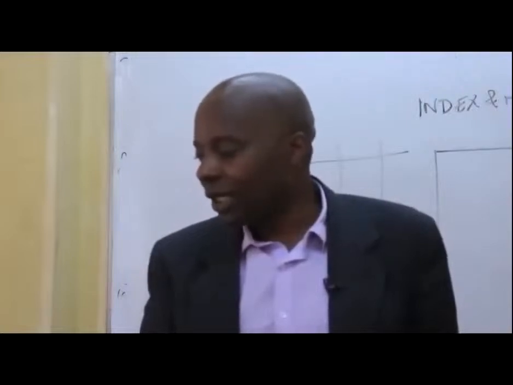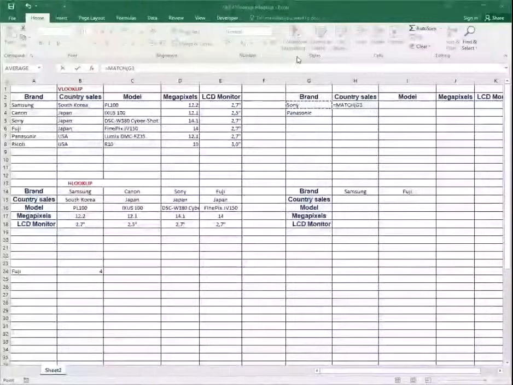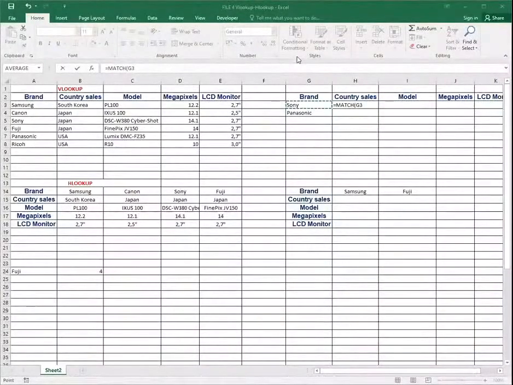So ladies and gentlemen, listen to me well here. If you look at G, G happens to be, column G happens to be an external column.